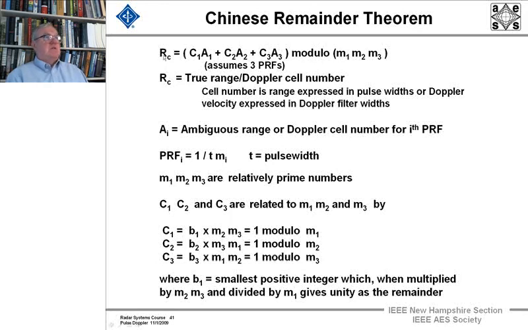It states that the real range of the target is a constant C1 times the ambiguous range or Doppler cell number A1 for the first PRF, plus this constant C2 times the ambiguous range that you measure with the second PRF, plus this constant C3 times A3, which is the ambiguous range or Doppler cell for the third PRF, modulo the product of M1 times M2 times M3.